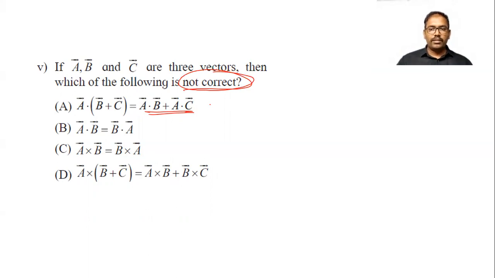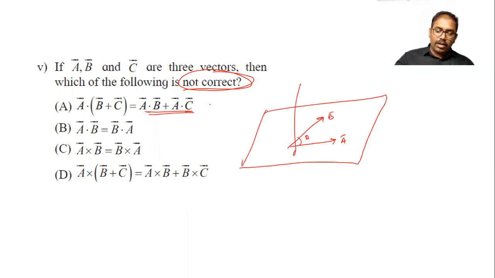This is also right, because the scalar product obeys the commutative law of multiplication. The third one, A bar cross B bar and B bar cross A bar, they are not the same. So this is A bar, this is B bar. If they are lying in the same plane, then A bar cross B bar is in upward direction and B bar cross A bar is in downward direction.